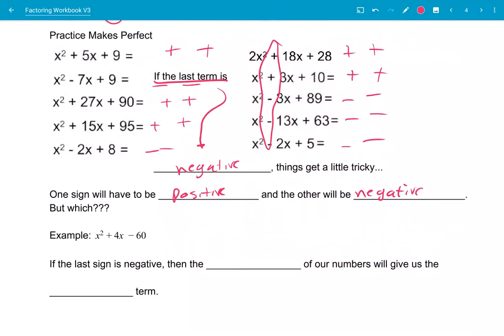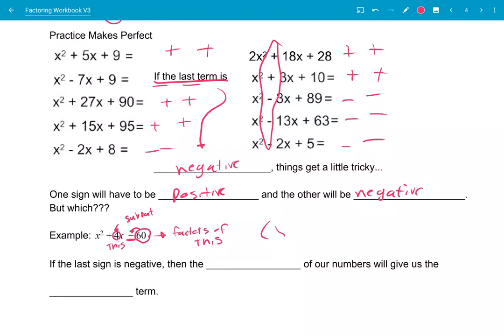Instead of thinking about positive, negative, negative, positive, or adding, subtracting, I'd always approach these problems the same way. Factors of this. Then look at this last sign here. Now we're going to subtract to get this. Factors of 60 that subtract to give you 4.